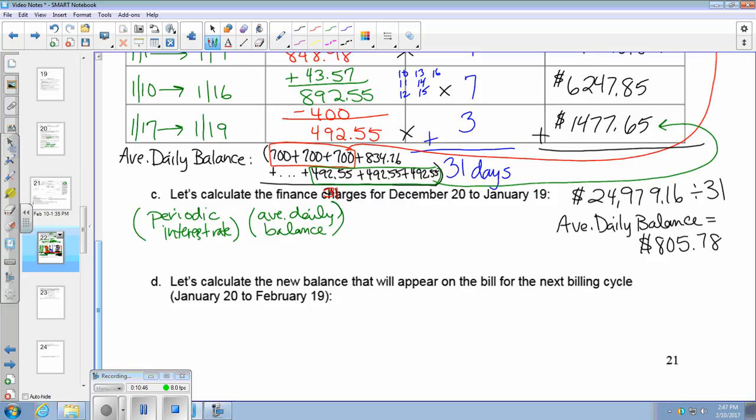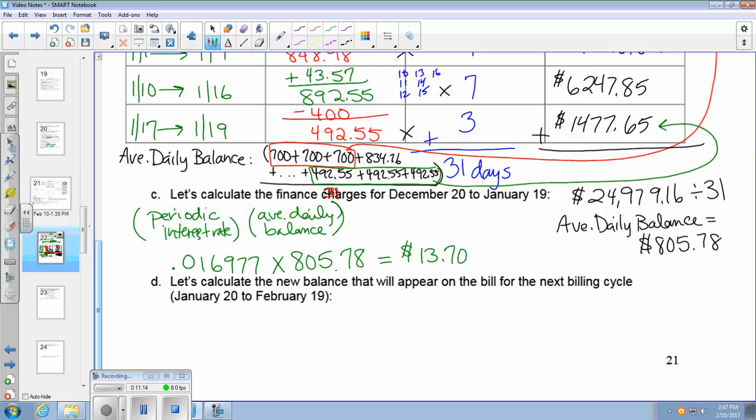Okay, so from up above, let's start with the periodic interest rate. That was 0.016977. I think that's enough digits for now. Times our average daily balance of $805.78. And if you multiply that out, you should get an answer of $13.70.